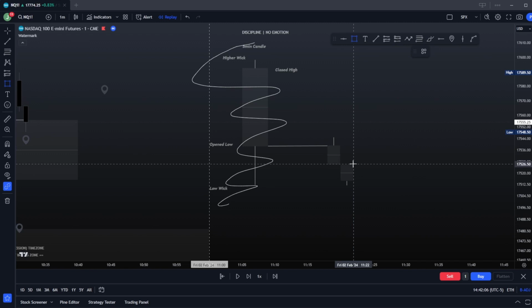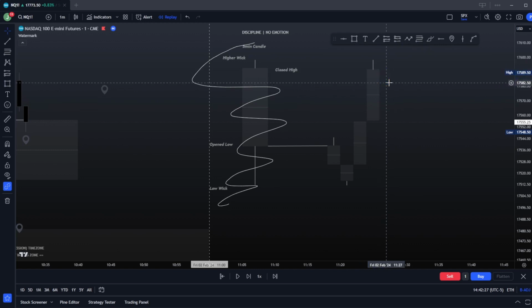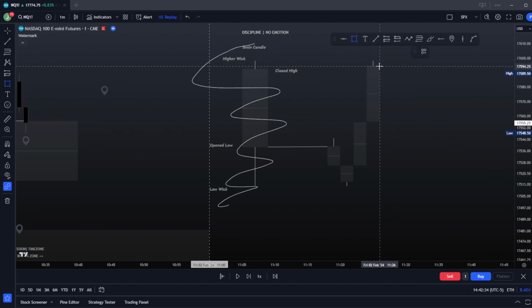As price moves, it's going to start to reverse and form a continuation candle of some sort, before ultimately showing a little market indecision.